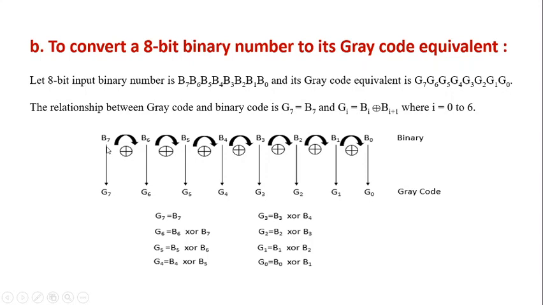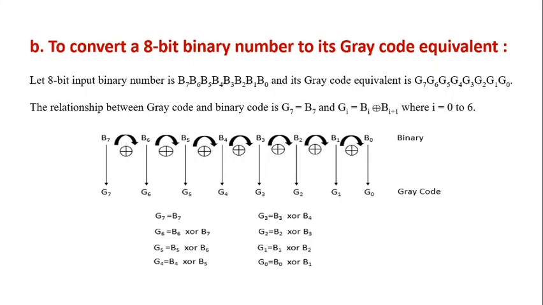alternately, like for getting G6 we will XOR B7 and B6. For getting G5 we will XOR B6 and B5. For G4, B5 and B4, and for G3, B4 and B3. Similarly G2, B3 XORed with B2, then G1, B2 XORed with B1, and finally G0, B1 XORed with B0.